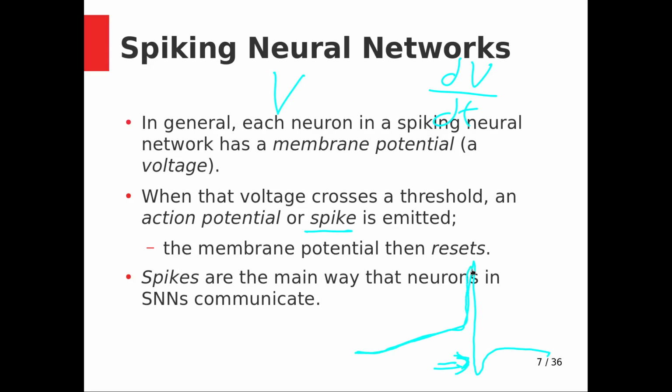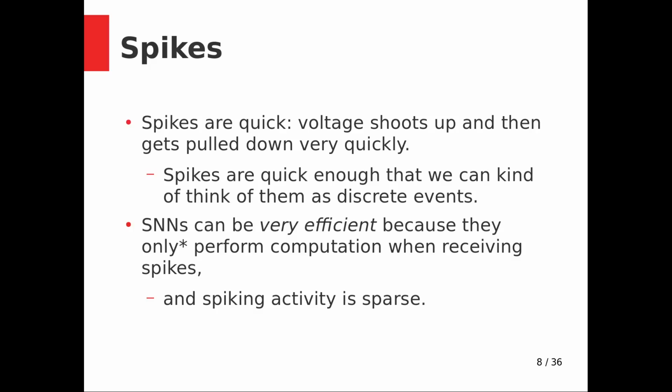I really probably should have drawn the spike much narrower. It is a very rapid thing. Those spikes are how the neurons communicate, basically. These rapid little rises and falls in that potential are the way that neurons exchange messages in a spiking neural network and in the brain. So spikes are very, very quick.